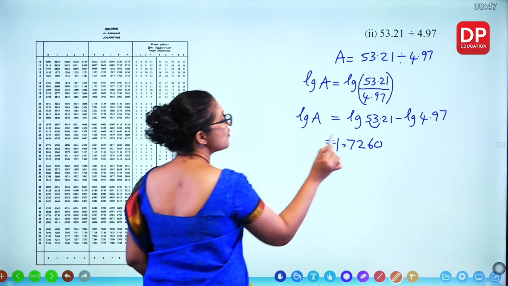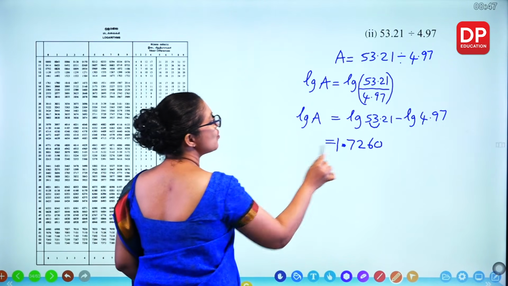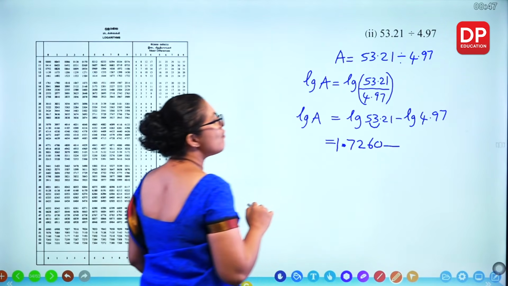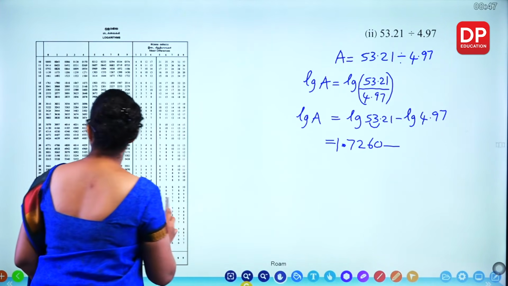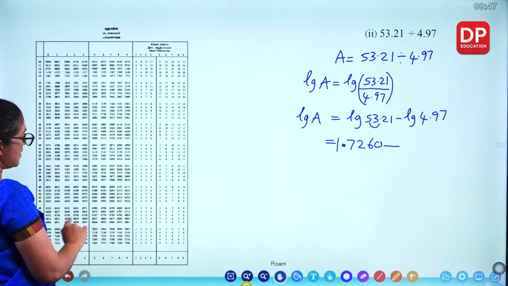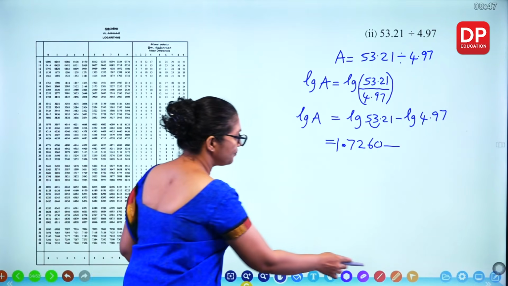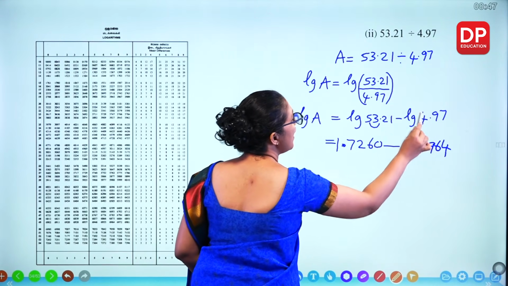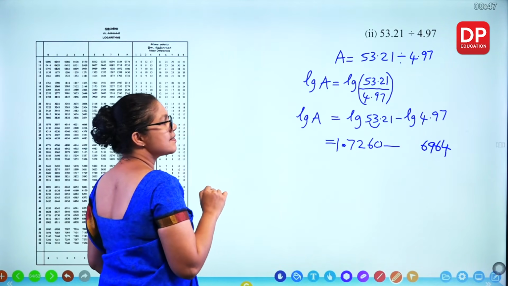So the log value is 1.7260. This number, 49.7, is 69.64, and the characteristic is 0.